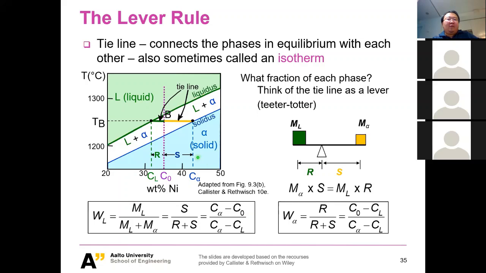With a little bit of math, S is calculated as C alpha minus C0, the overall composition, divided by the sum, C alpha minus C liquid. Then you get the weight fraction of liquid, and by applying the same rule you get the weight fraction of alpha, or you just use 1 minus W_L to get W alpha.